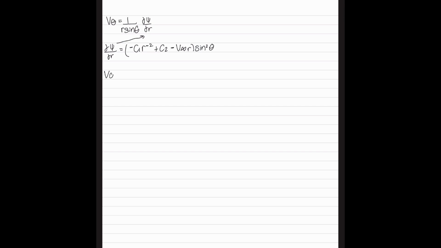Now we can plug this derivative back into the velocity with respect to theta, and this is what we get.